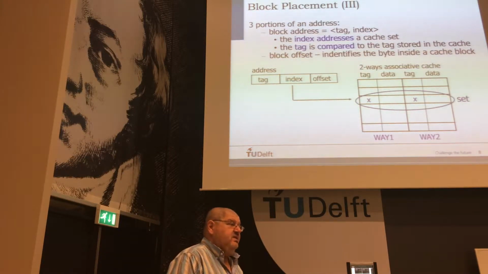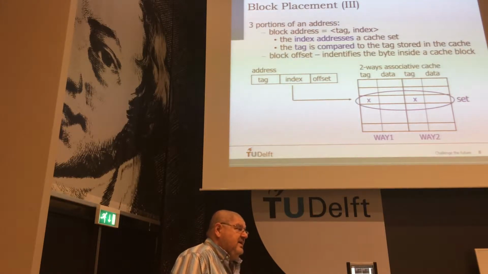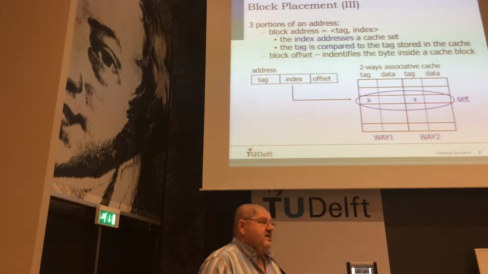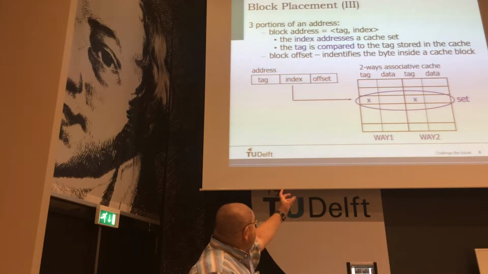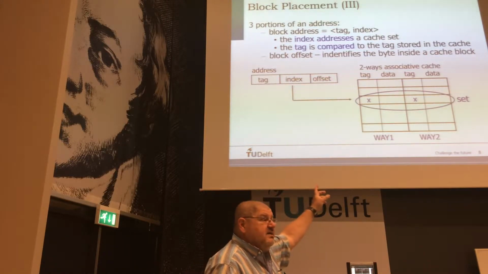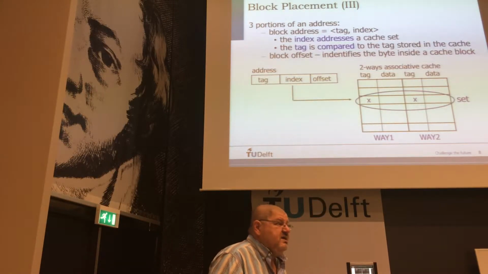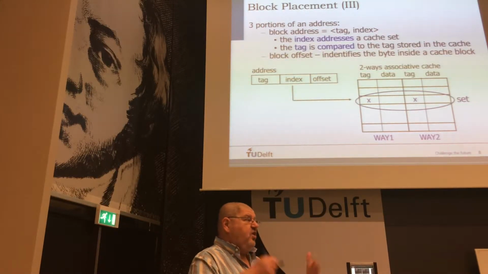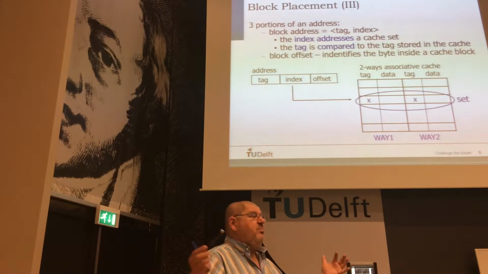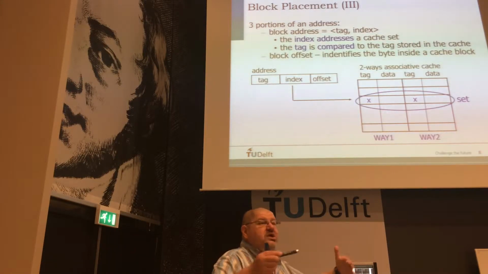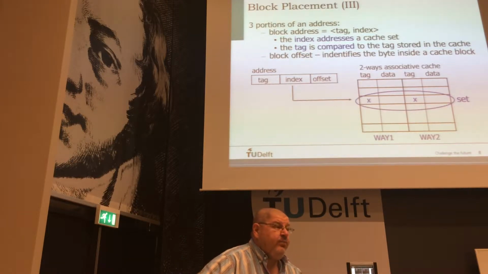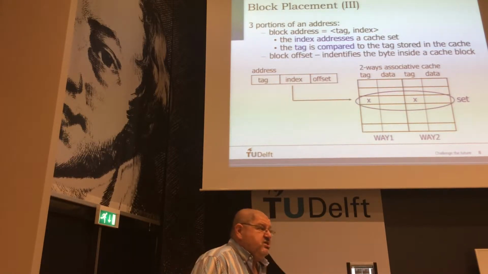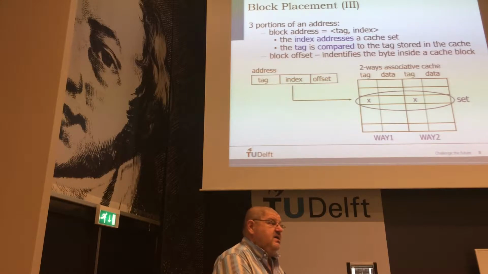If they are different, it's not what I want. Now, assuming that I have associativity, I have to compare the first and the second, if I have 2 ways. If I have 4 ways, I have to do 4 comparisons to see which of the tags is the one that I'm looking for, if any. Because there is also a chance that the location that I'm looking for is not there.